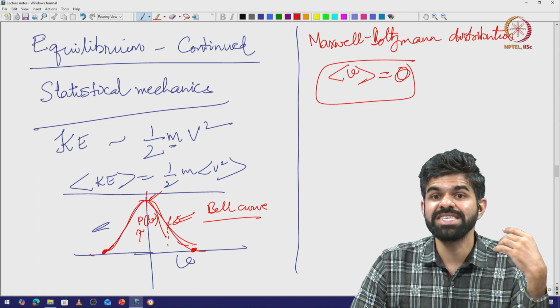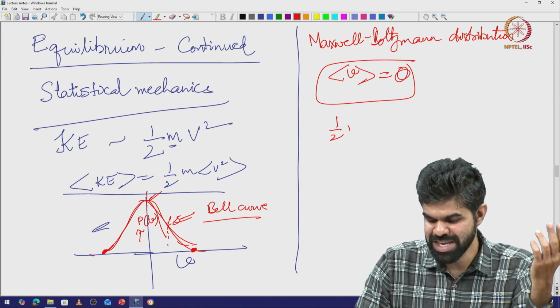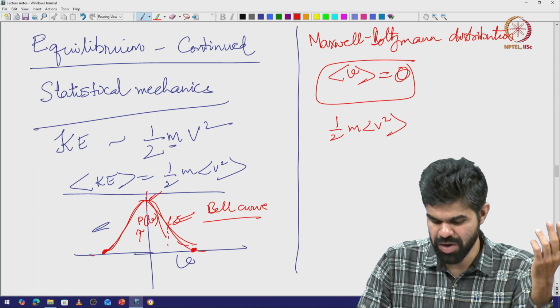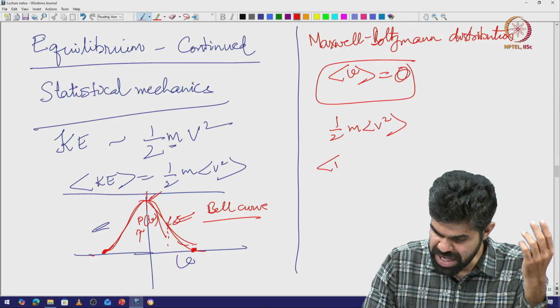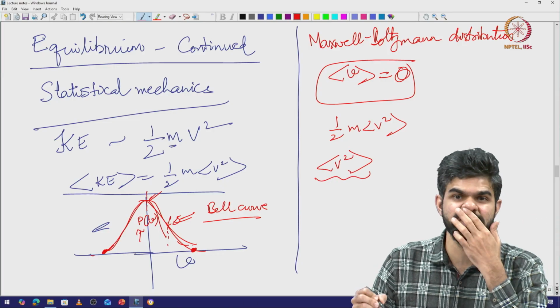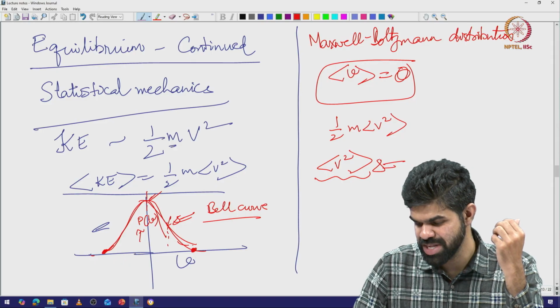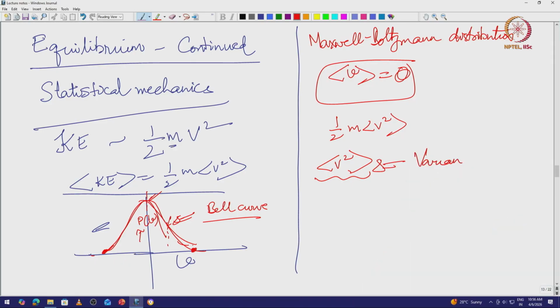Now, what is the average kinetic energy? The average kinetic energy is half m v square, so the average of v square is the variance of velocities, or the root mean square of velocities, however you may want to take it. That is given by the width of this curve.